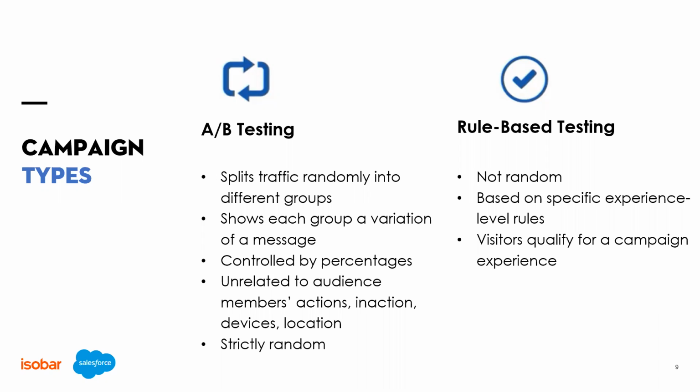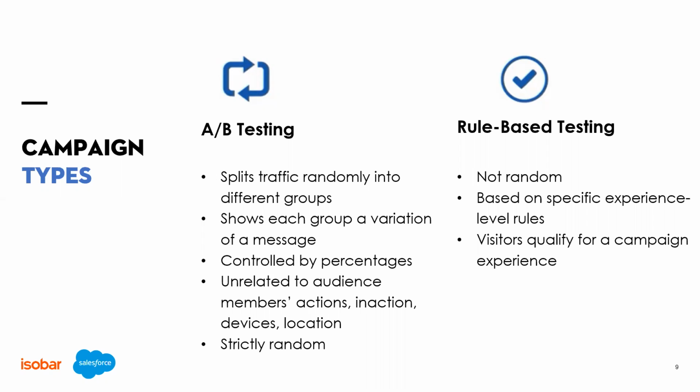Whereas there is another campaign type, rule-based testing. It's not random, and you give the system some navigation, you set up experience level rules, and then visitors who qualify for this campaign experience based on the rules you set up will see your campaign, so your campaign will reach these specific audiences.